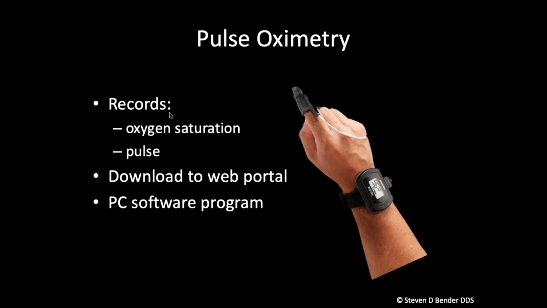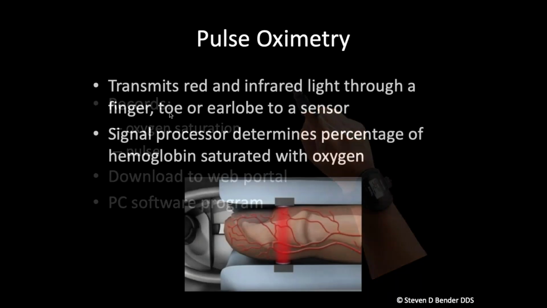So what does pulse oximetry do? Well, it's going to have 2 measures. It will record the amount of oxygen in our blood as well as our pulse. We then take this information recorded on these units and either upload it into some web-based programs, or we can get software that we can upload this information ourselves.